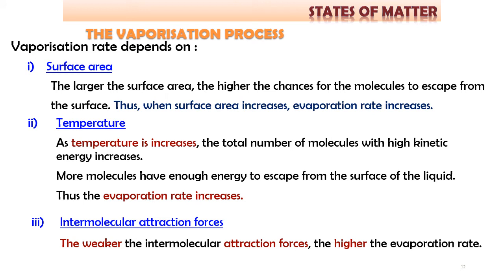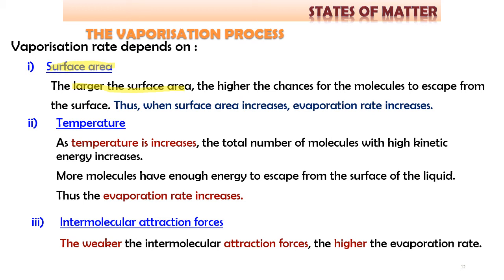So for the vaporization process, the rate of vaporization depends on the surface area. You know that the larger the surface area, the higher the chances of the molecules to escape the surface. As I mentioned before, it is the surface of the liquid.